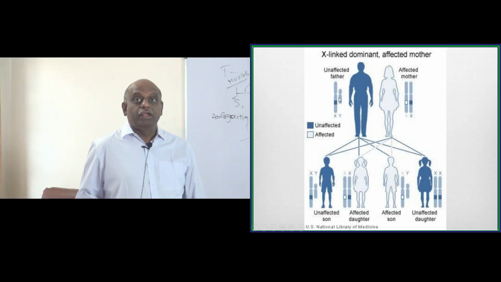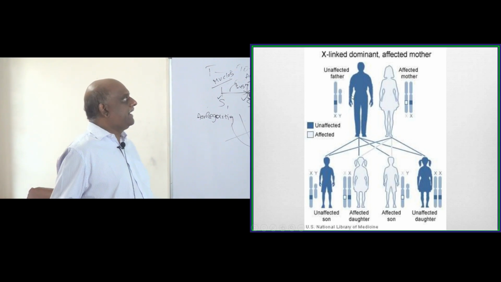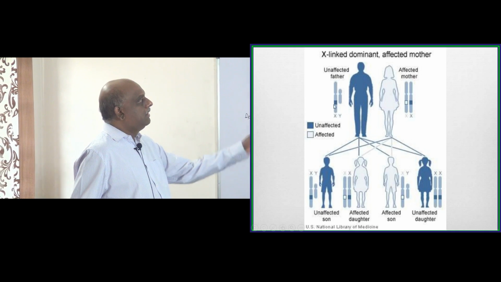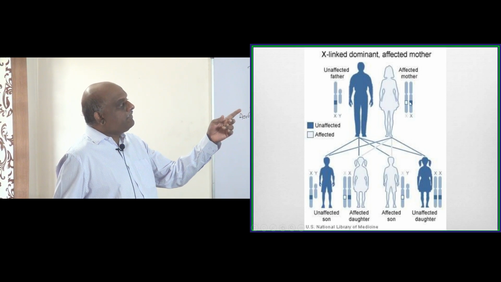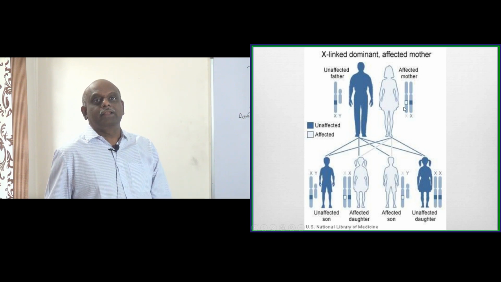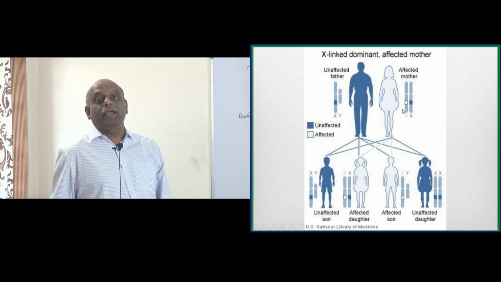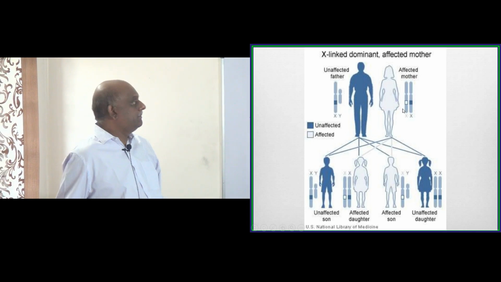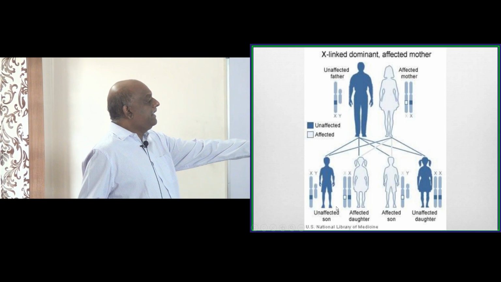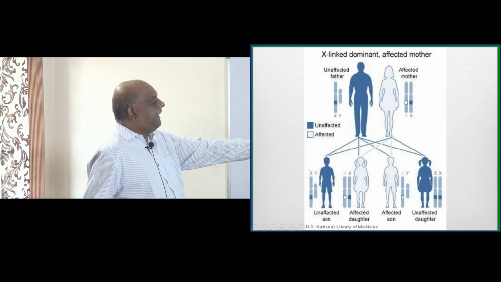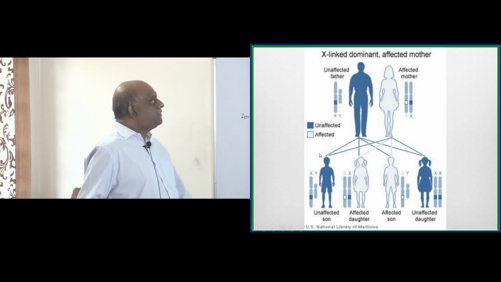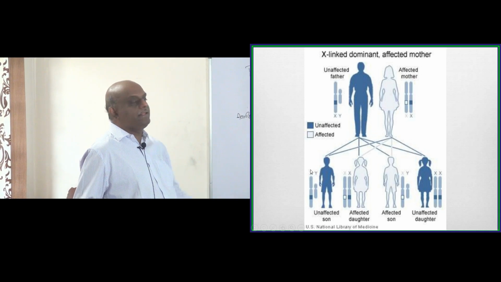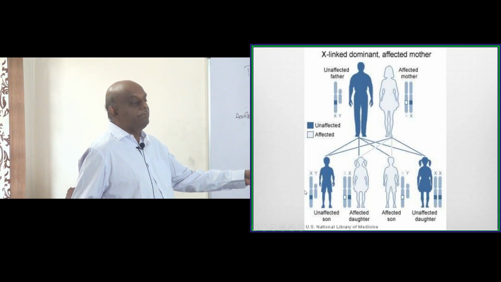Whereas, father is not affected. Father has a normal X. Mother is affected because one of her chromosomes is abnormal. If this combination happens, how will the children be? So obviously, whenever a son is born, he gets the Y chromosome from the father, but an X chromosome from the mother.